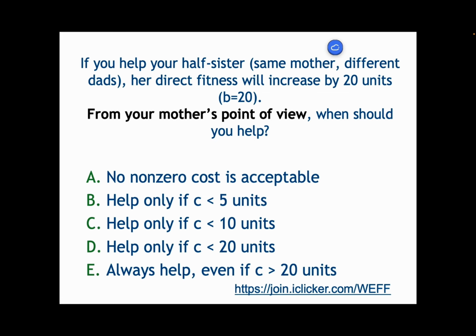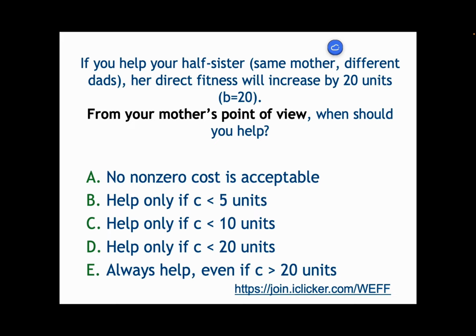So here's the same situation that we left off with. We've got an individual that is faced with the possibility of providing help to their half-sibling. It's a half-sister, so the coefficient of relatedness between, say, you and your half-sister is 0.25.